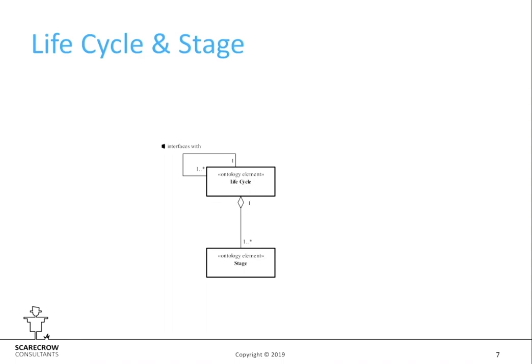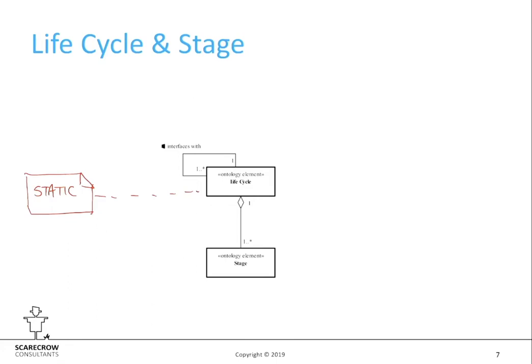So conception, development, operation, support, retirement, for example. Now, the key thing is in the language that we use in Scarecrow, when we talk about life cycles, these are static, they're structural. There is no timing on a life cycle. It's purely a definition of stages that you have available to you.